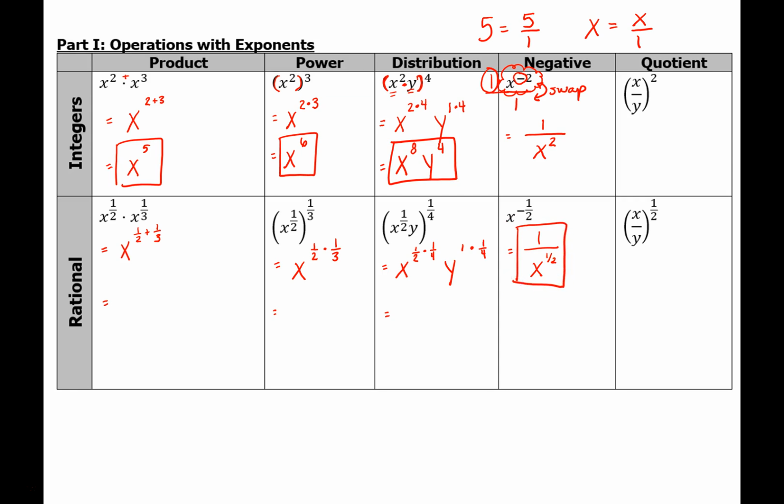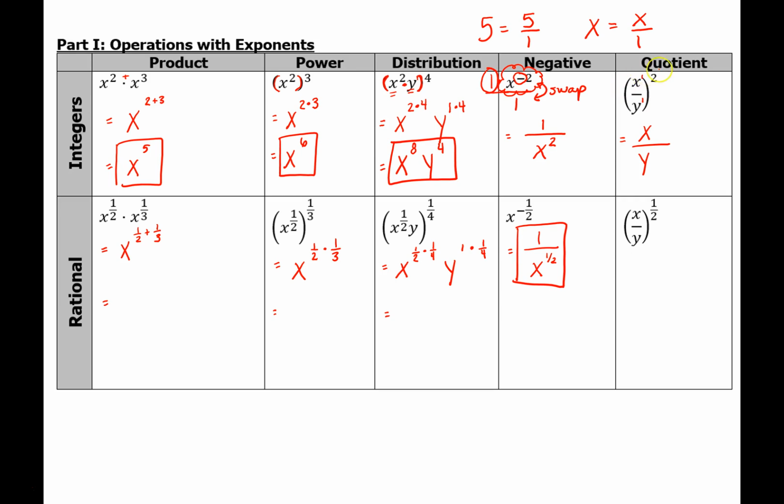Okay, so the last rule that we have is the quotient rule, and it's pretty similar to the power and the distribution rules. This time, though, rather than having the x and the y both in the numerator, I have the y down in the denominator. That distribution rule is going to apply here too as a quotient rule. So in Algebra 1, you learned that if you had a fraction, we could take the exponents and again use that power rule, multiply them together.